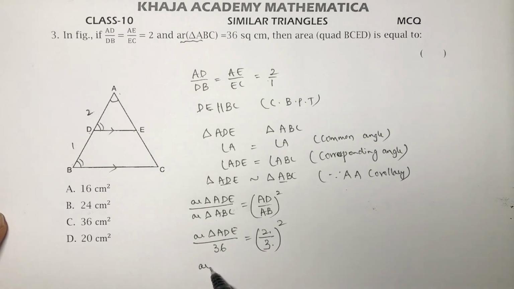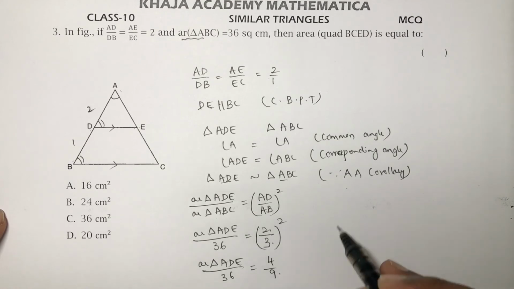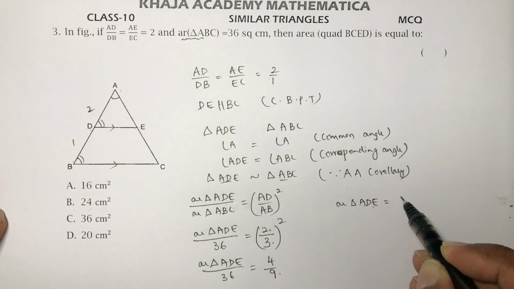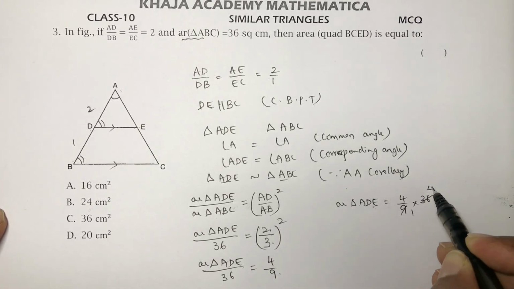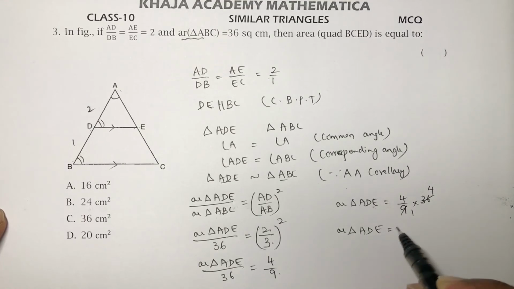So area of triangle ADE by 36 is 4 by 9. Now see next step. Area of triangle ADE is 4 by 9 times 36. 9 times 1, 9 times 4. So area of triangle ADE, 4 times 4, is 16.